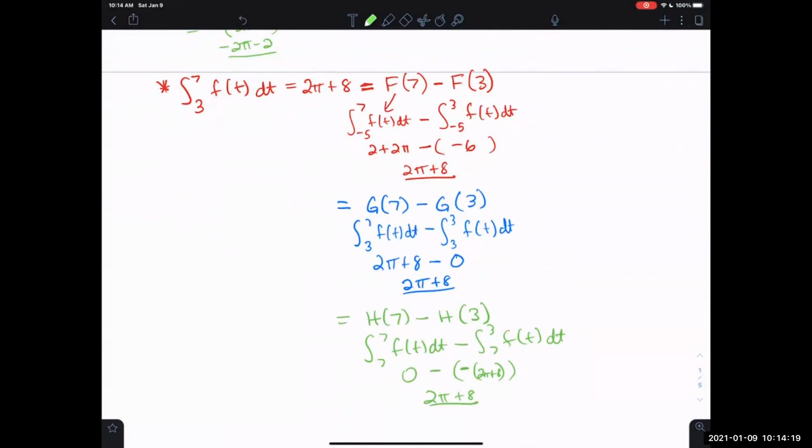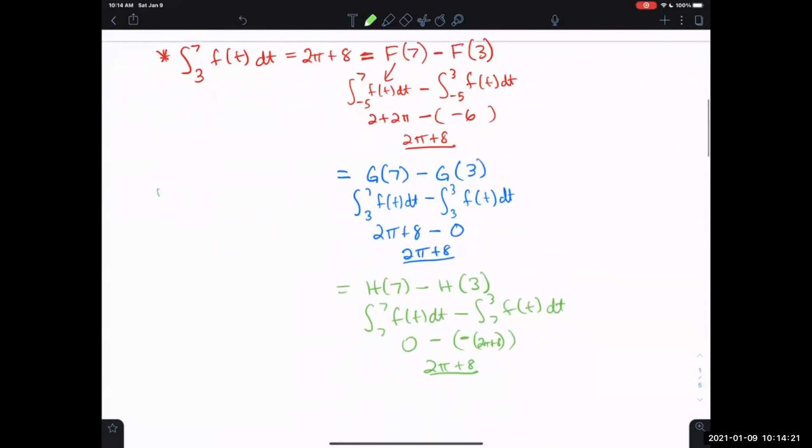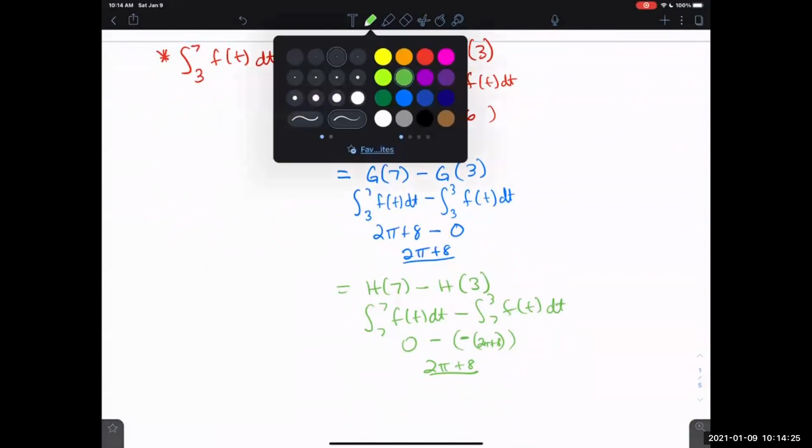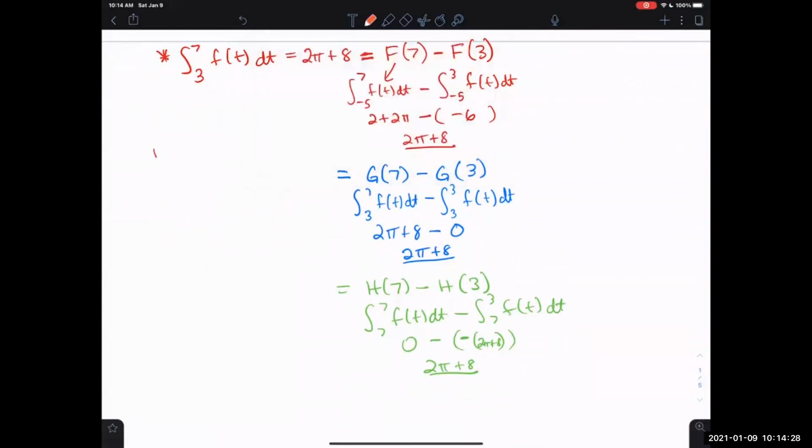Okay, so let's go back to red. We have all the same function.